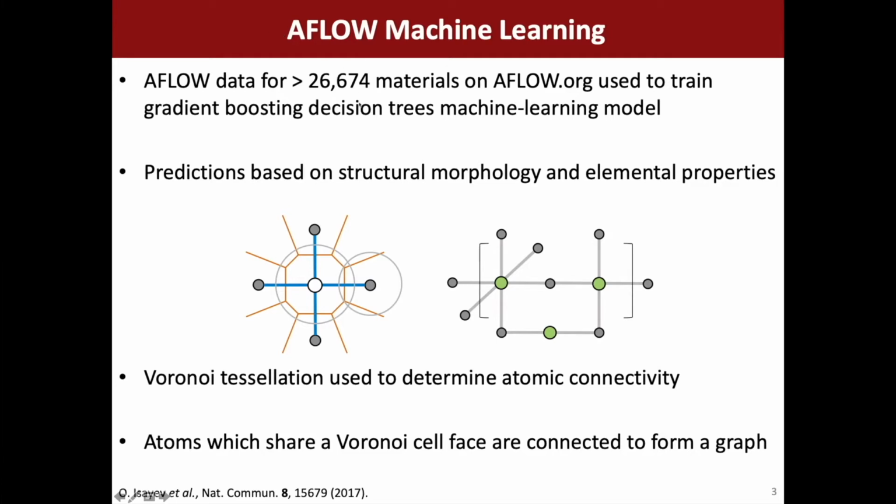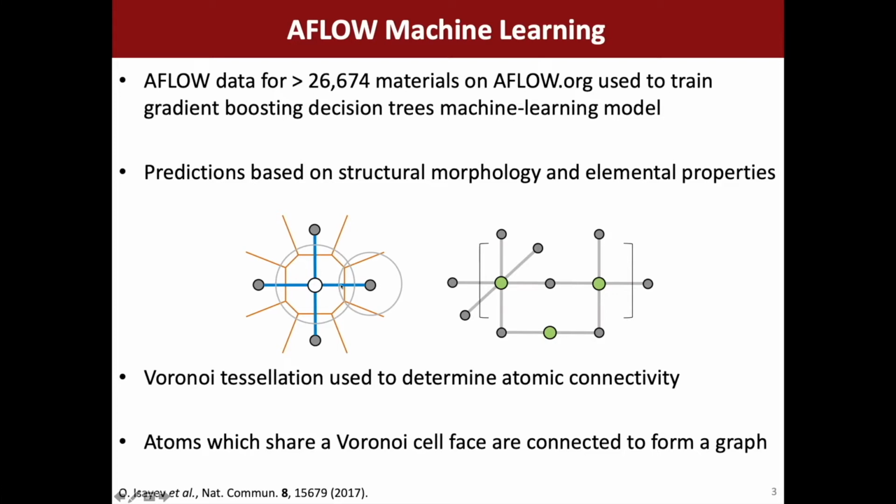So the idea behind this machine learning model is that we used this data to train a gradient boosting decision trees machine learning model. The most important thing about a machine learning model in material science is the feature vector, how you actually model the material. Here the predictions were based both on structural morphology and on elemental properties. To characterize the structure, we did what is called a Voronoi tessellation. Basically, for each pair of atoms in the material, you draw a plane at the midpoint between them.